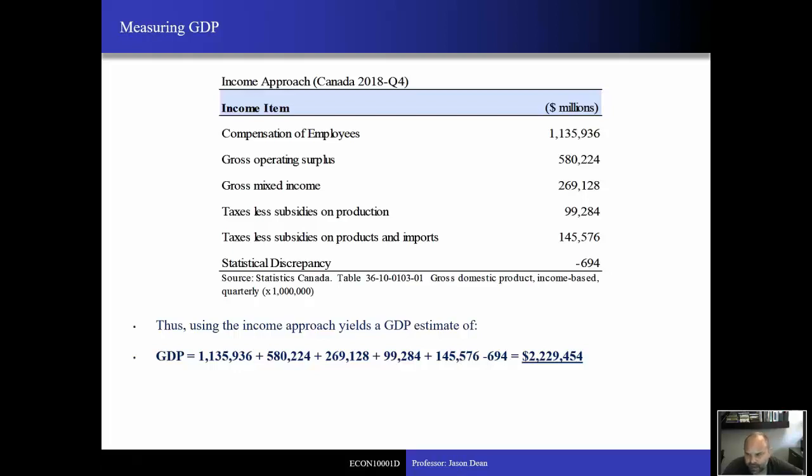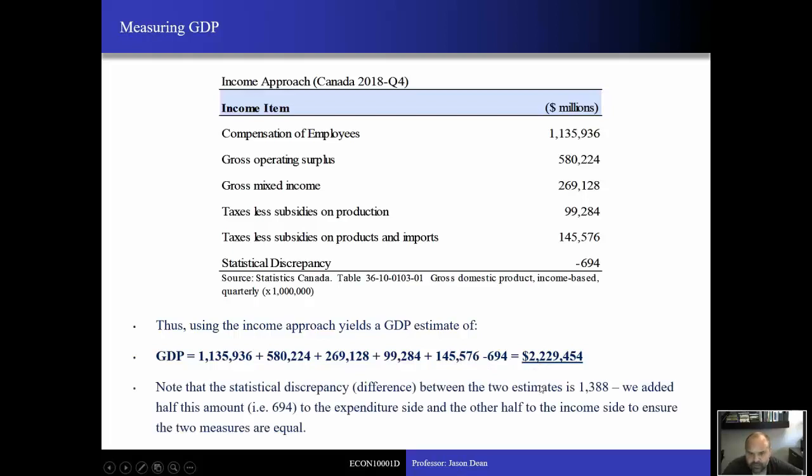So we've divided that in half and subtracted this from the one that turned out to be higher and added it to the other one that turned out to be lower. And so in this case, when we add everything up, including that statistical discrepancy, we get the $2.2 trillion that we had before with the expenditure approach. Okay, so that's the two different ways that we can get gross domestic product.